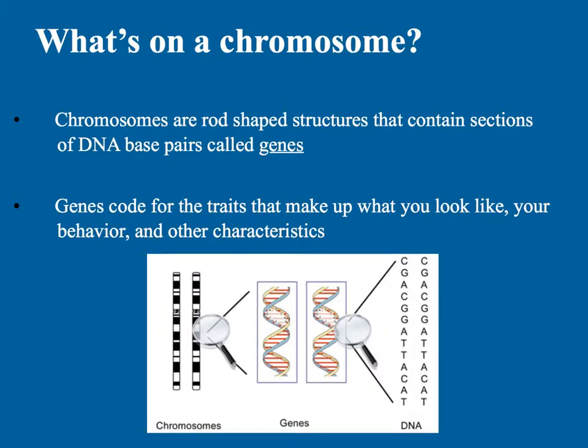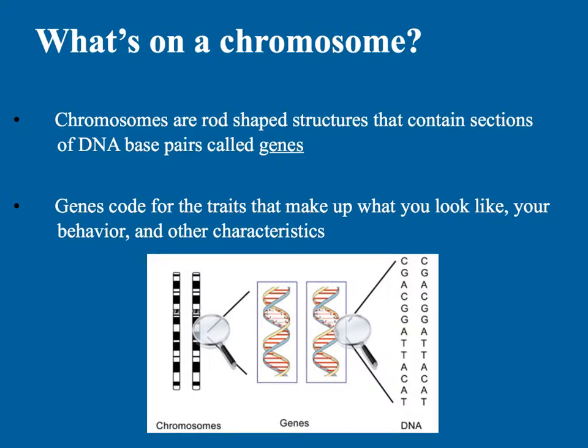So let's say this particular gene right here would code for your eye color, and another gene, let's say this gene right here, codes that you are right-handed as opposed to left-handed. They're not actually on the same chromosome, but that's just an example of what that would be on a chromosome. So different genes are on a chromosome, and they all code for different things.